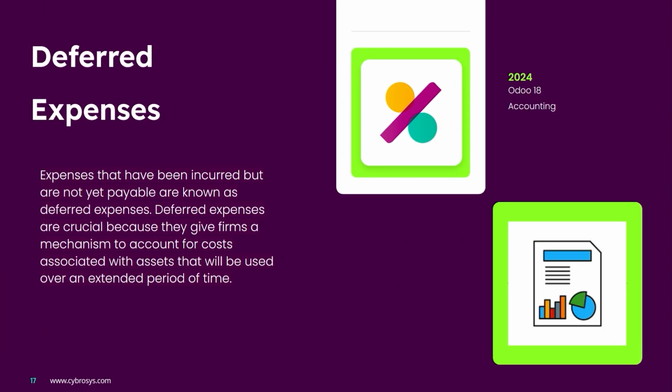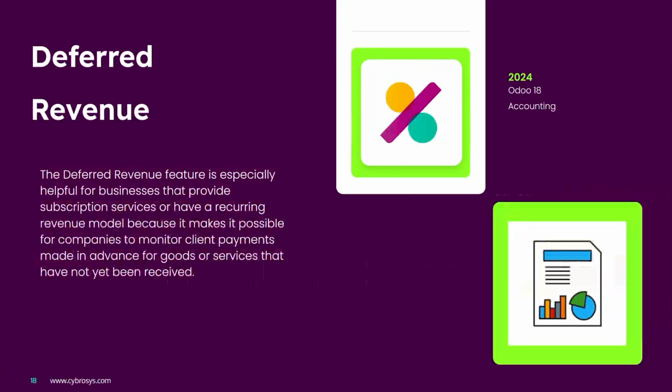Deferred expenses. Expenses that have been incurred but are not yet payable are known as deferred expenses. Deferred expenses are crucial because they give firms a mechanism to account for costs associated with assets that will be used over an extended period of time.